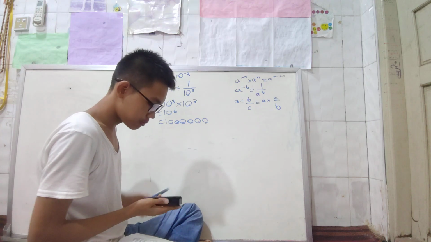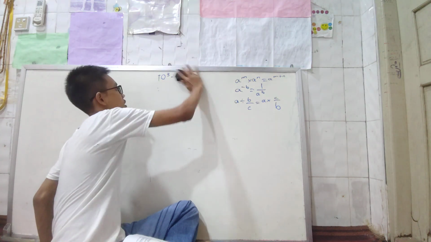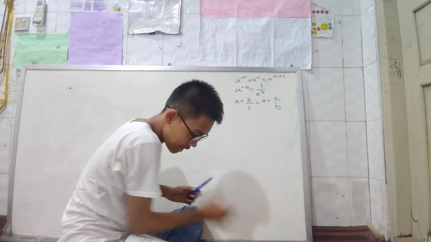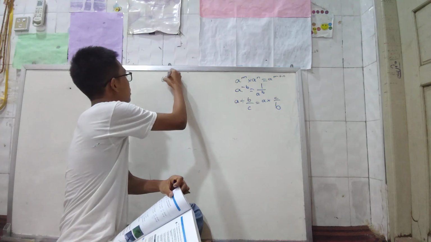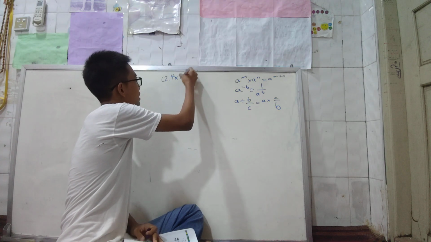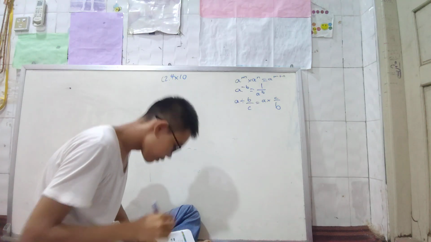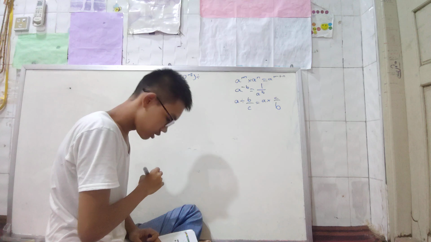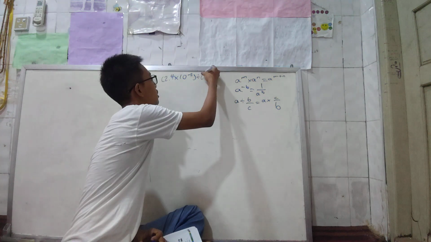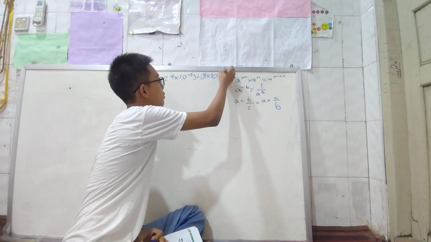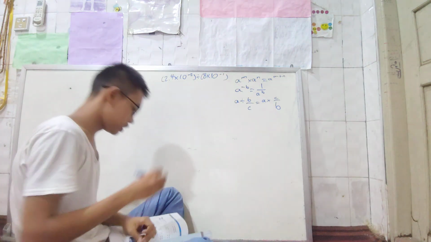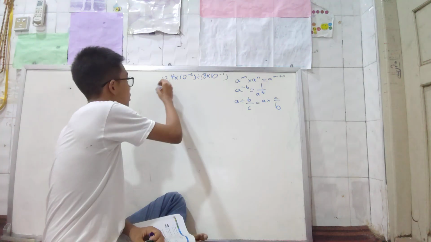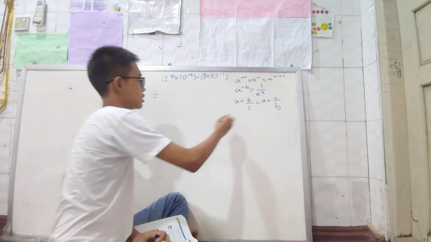So the next question is number 30, which is 2.4 multiplied by 10 to the power of minus 2 divided by 8 multiplied by 10 to the power of minus 1. I'm going to turn it into a fraction.